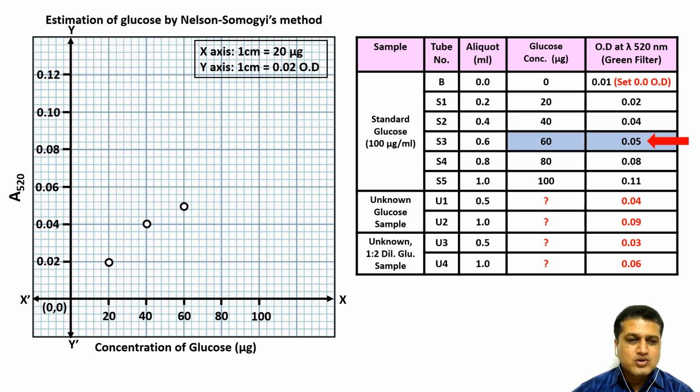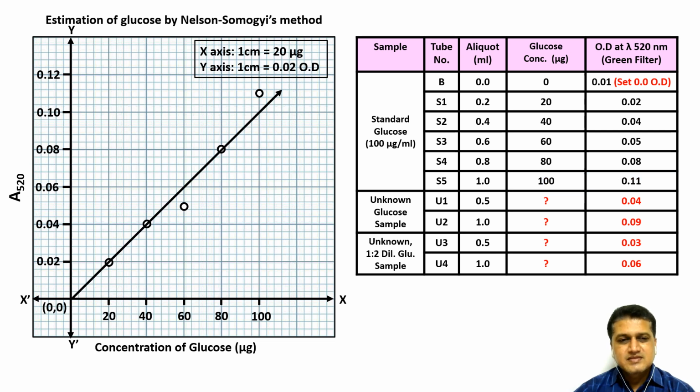Next, plot the third point where concentration and OD of S3 intersect. Plot the fourth point where concentration and OD of S4 intersect. Finally, plot the fifth point where concentration and OD of S5 intersect.